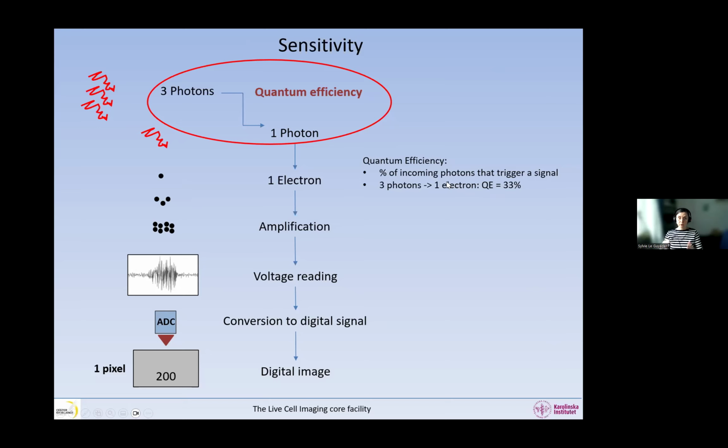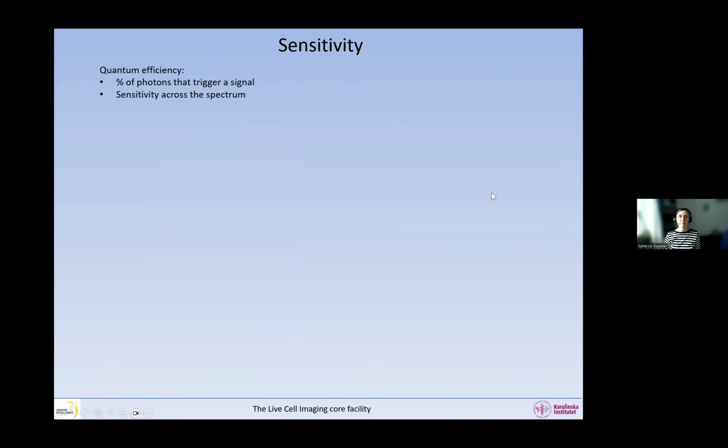Of course, it's not always the case, so it changes a little bit, but pretty much it's going to be this percentage of efficiency. It's just a statistical process, basically. So the quantum efficiency is the percentage of incoming photons that trigger a signal in the sensor.